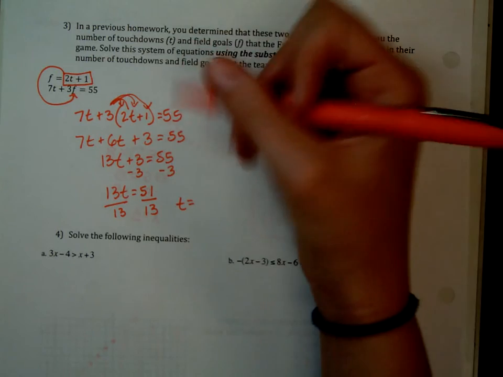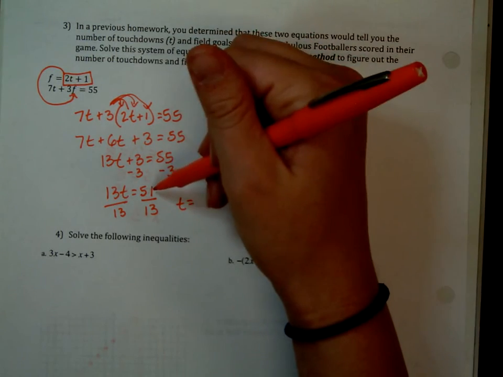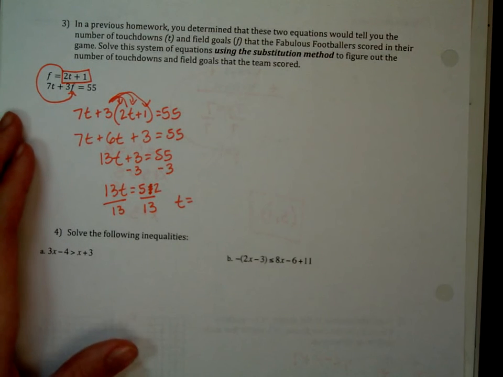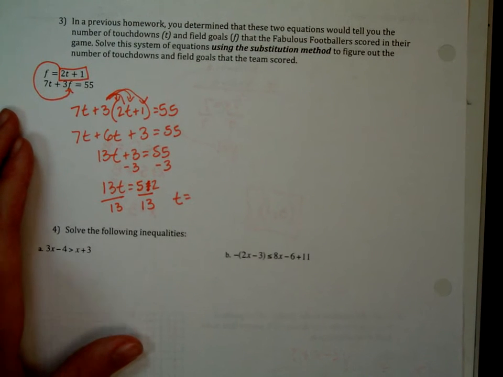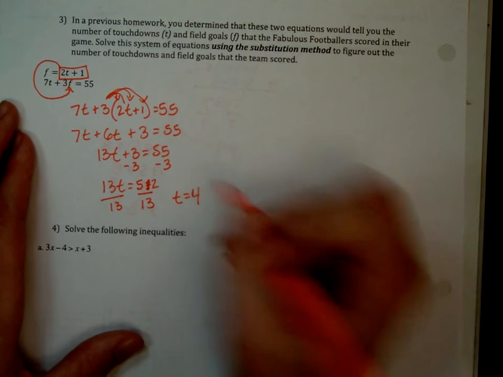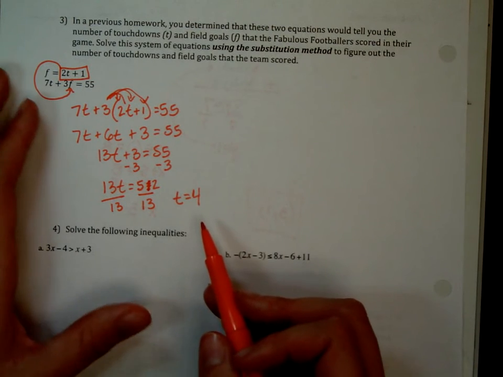Oh, I see my problem. 55 minus 3 is not 51. 55 minus 3 is 52. So 52 divided by 13 is 4. That makes more sense. So the number of touchdowns was 4.